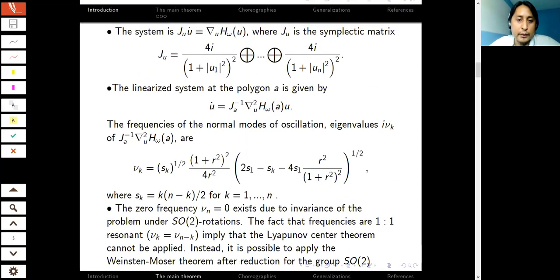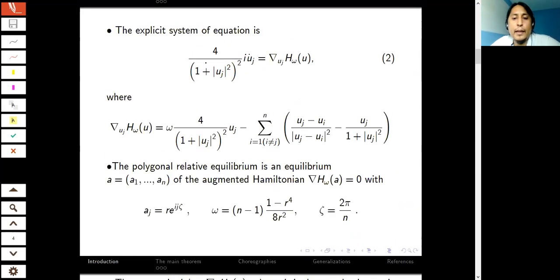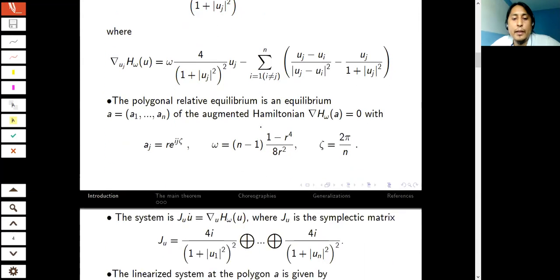So before explaining the main theorem, I would just like to explain a little bit about the physics. I can write this explicit Hamiltonian system in vectorial form.